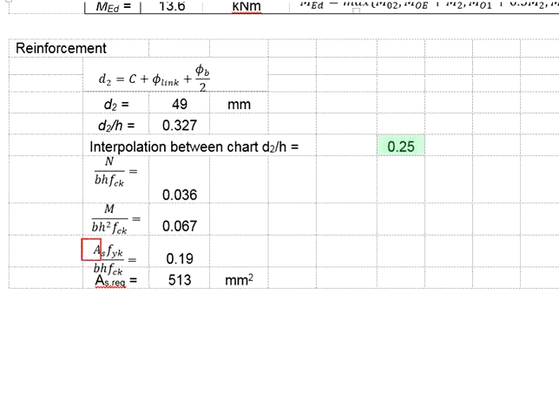To find the AS, you move all the knowns to the other side. That means 0.19 times B, 150, times H, 300, times SCK, 30, divided by FYK, 500. Now you get your AS, 513 mm square.